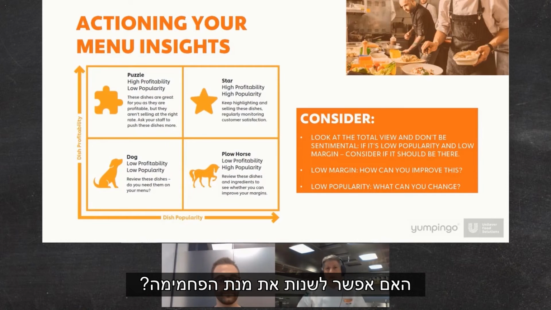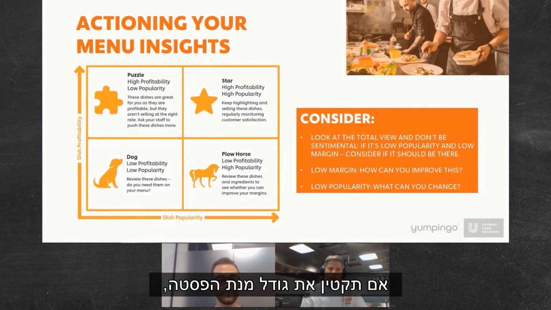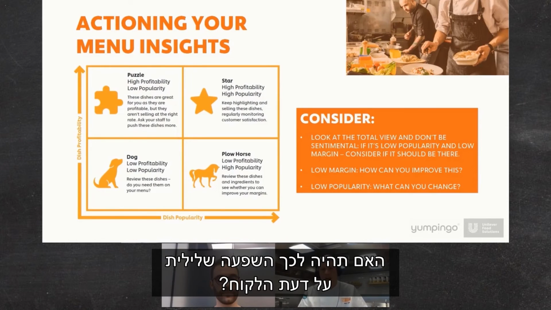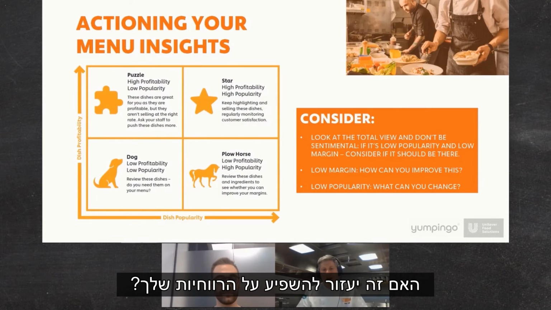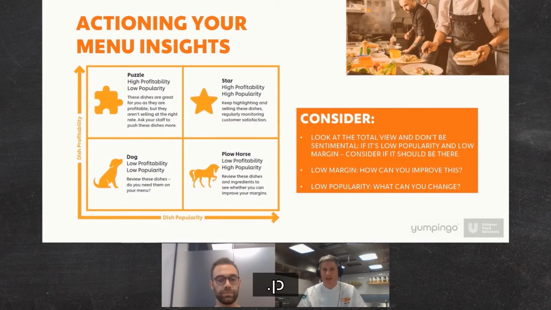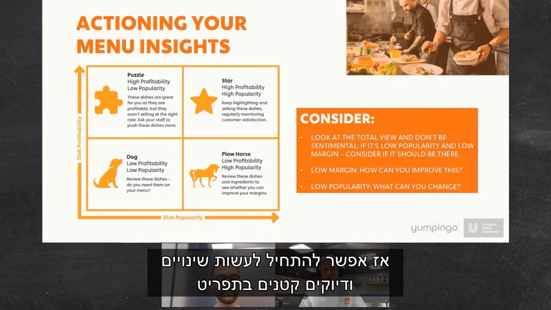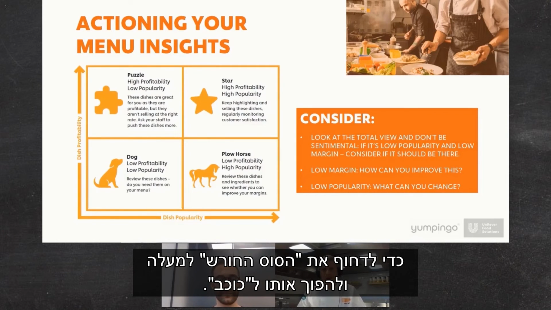Is it maybe even the carbohydrate? If you're doing pasta, for example, if we reduce the portion of the pasta size, will it have a negative impact on the customer's perception of it? Possibly not. Will it help impact your profitability? Yes. So you can start making small changes and small tweaks to your menu in order to drive that plow horse up into being a star.